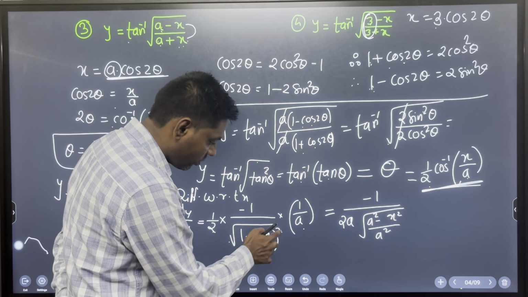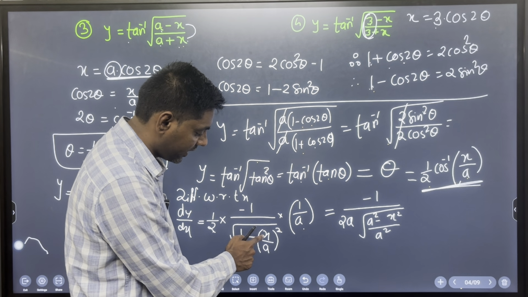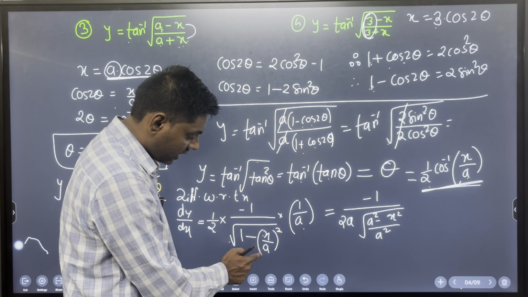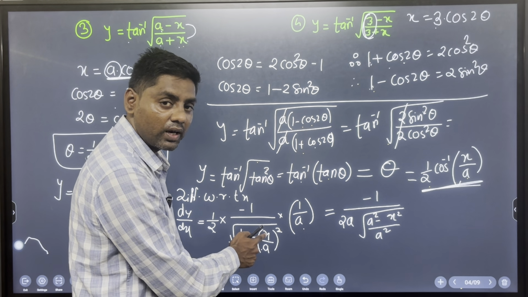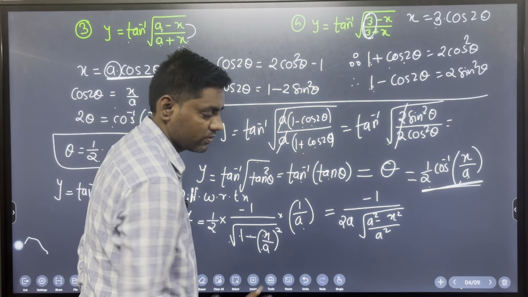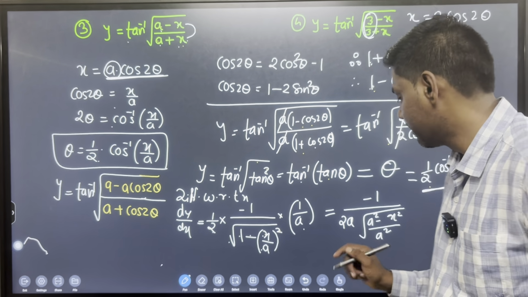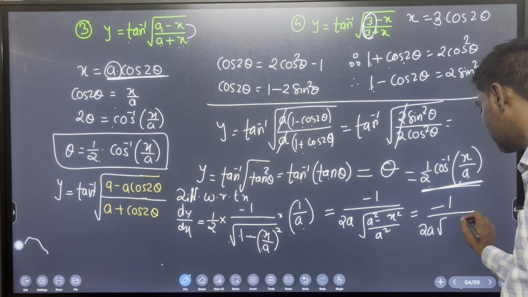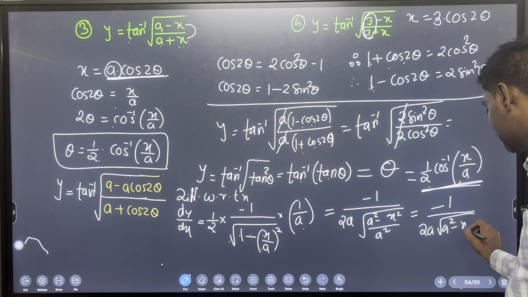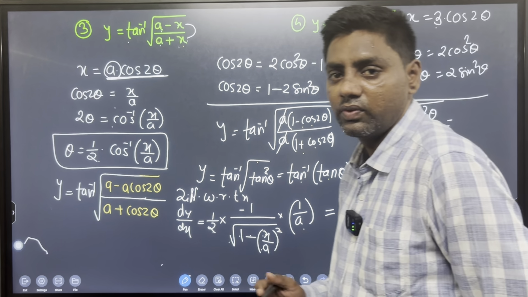So with x square and a square, cross multiplication, a square multiplied by 1 is a square minus x square in the numerator, and the denominator is a square. And we know that under the root, the square root of a square is simply a. So the final answer is minus 1 upon 2 times a into under root of a square minus x square divided by a square, sorry, only a. So a cancels, and we get the final answer.